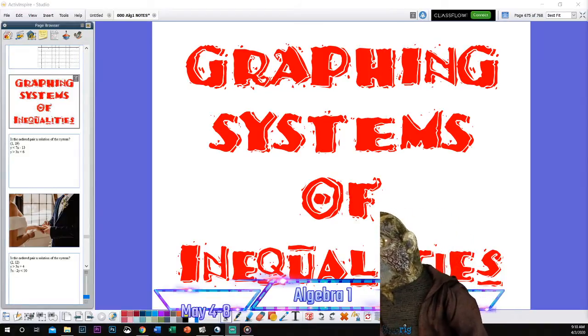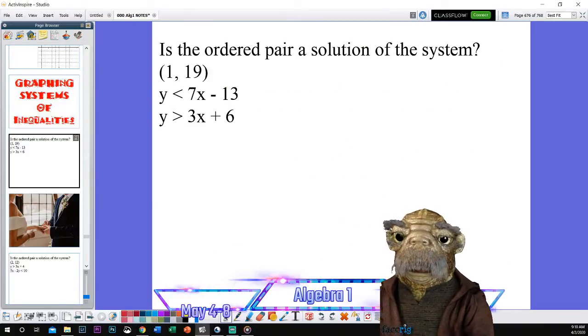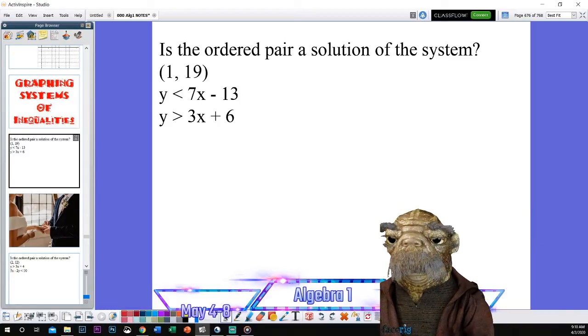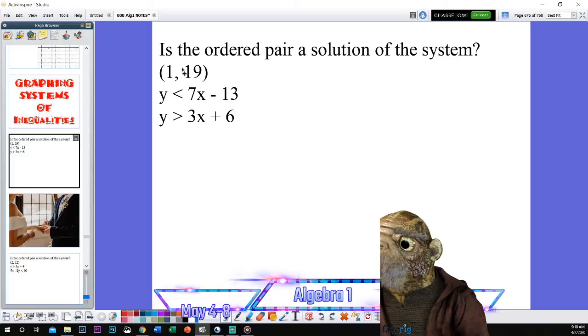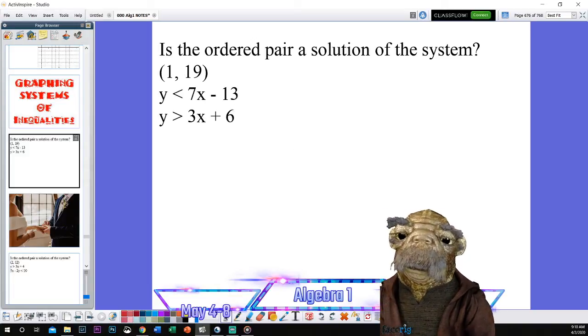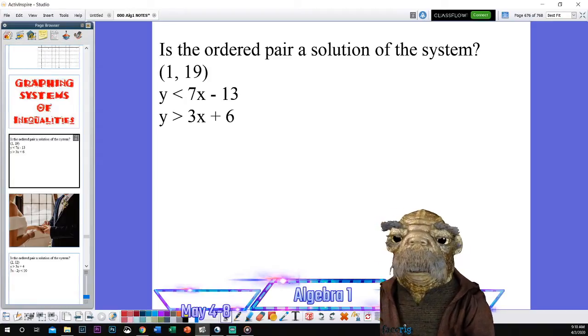Alright, so first, before we even graph, we're going to work on figuring out, is the point really a solution to the system? So is this point a system solution? First, all we're going to do is recognize that 1 goes with x and 19 goes with y, correct?